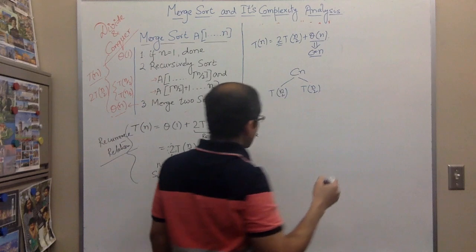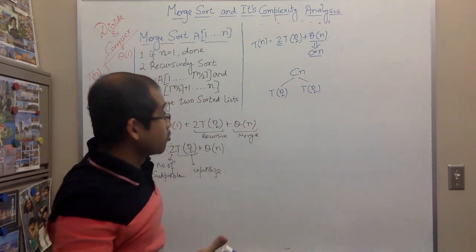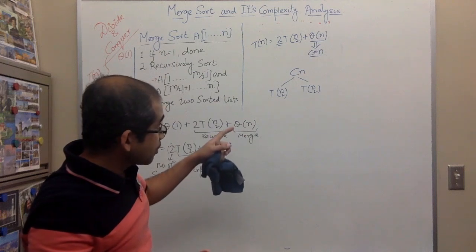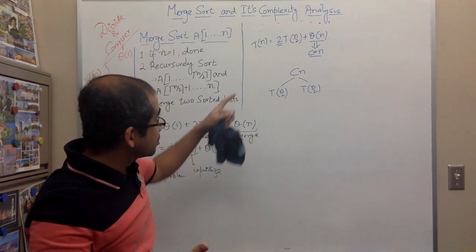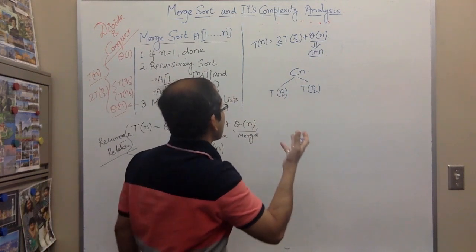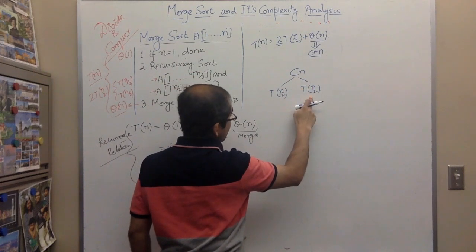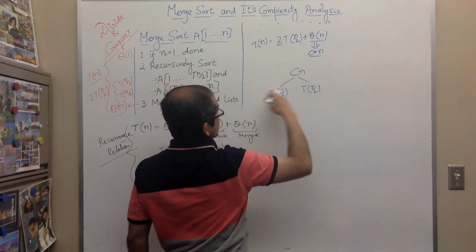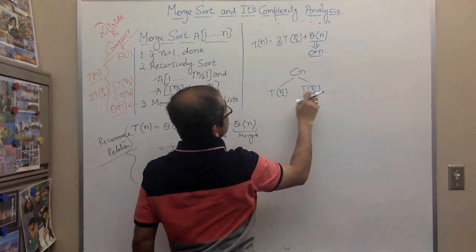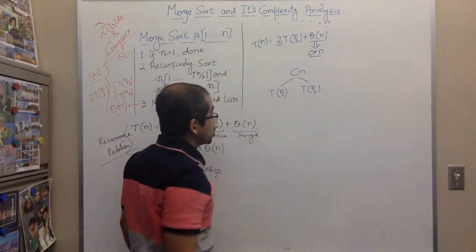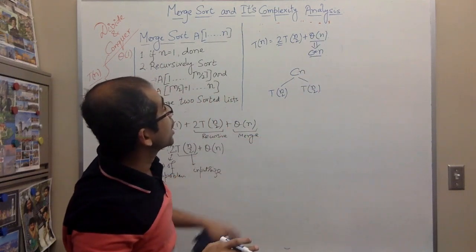This is a weird way of representing this equation. It is like a summation: T of n by 2 plus T of n by 2 plus cn. T of n by 2 plus T of n by 2 is 2T(n/2), plus cn is the merge part. So this is the way of representing.